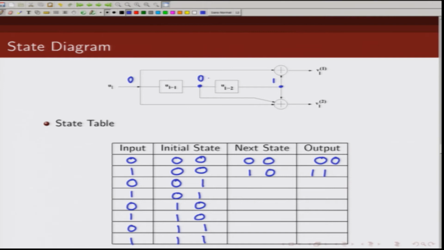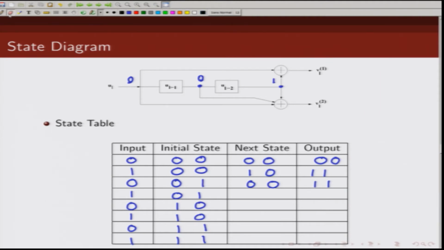So, when you get a 0 and the initial state is 0 1, next state will be 0 0, because this 0 which is here will move to here and this 0 will move to here. So, next state will be 0 0 and what is the output? This will be 1 and this will be 1. So, output is 1 1.